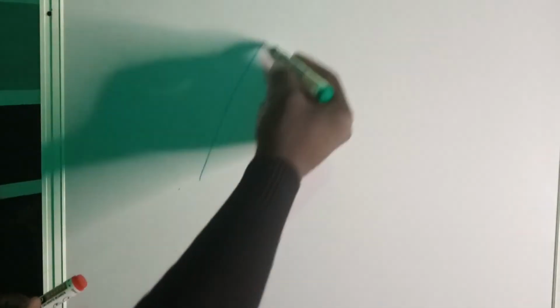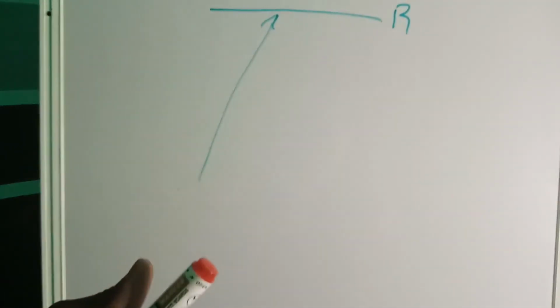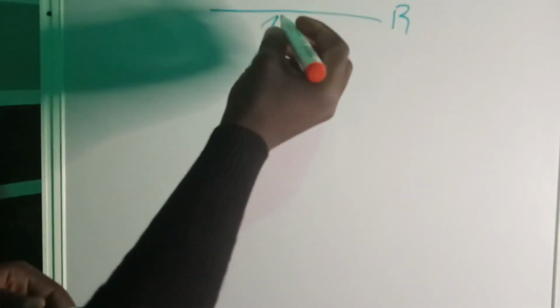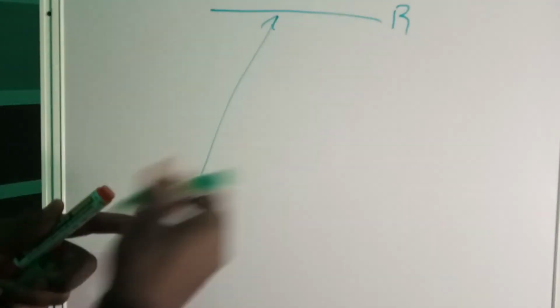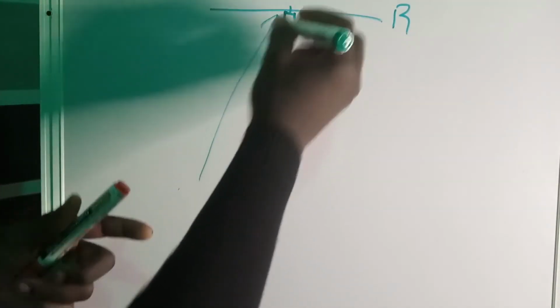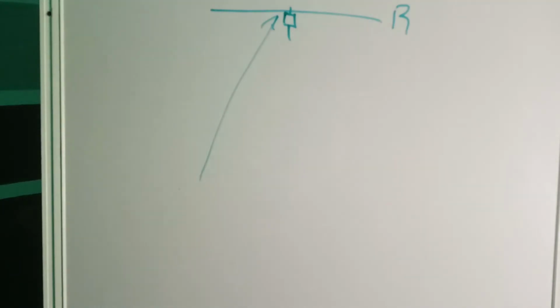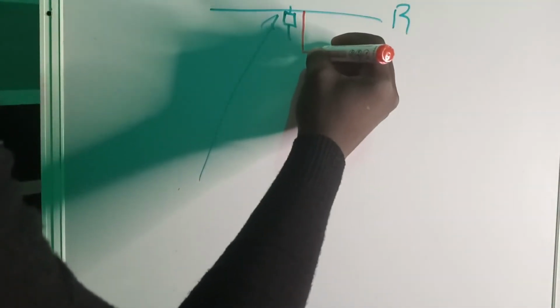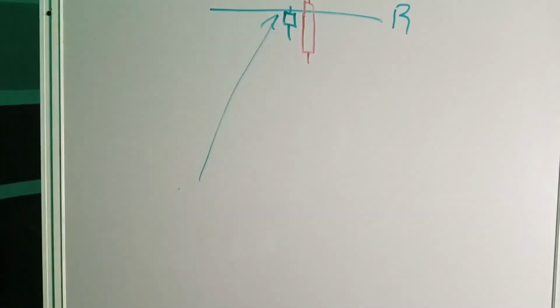For bearish engulfing, price has been going up for some time and then it meets a resistance. Then a small bullish candlestick forms with a small body and small wicks, but the next candlestick to form is a bearish candlestick and it totally engulfs the previous candlestick.